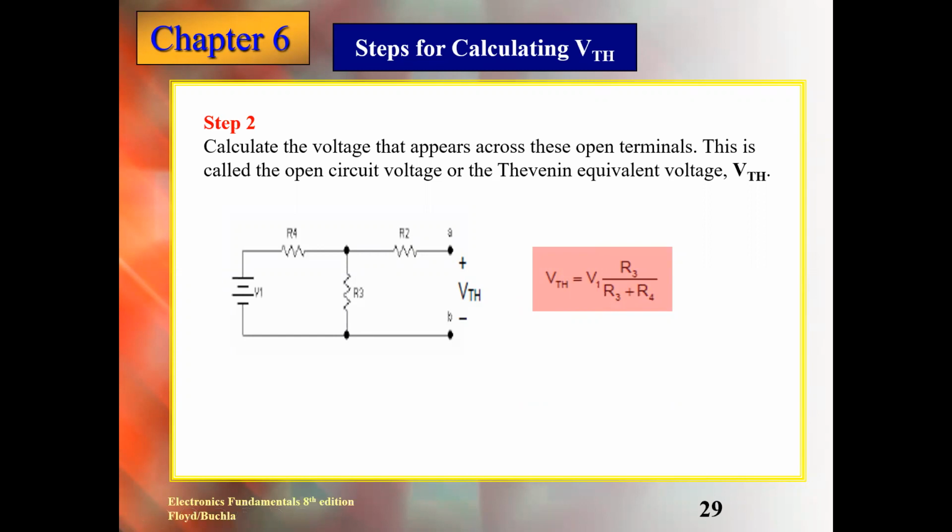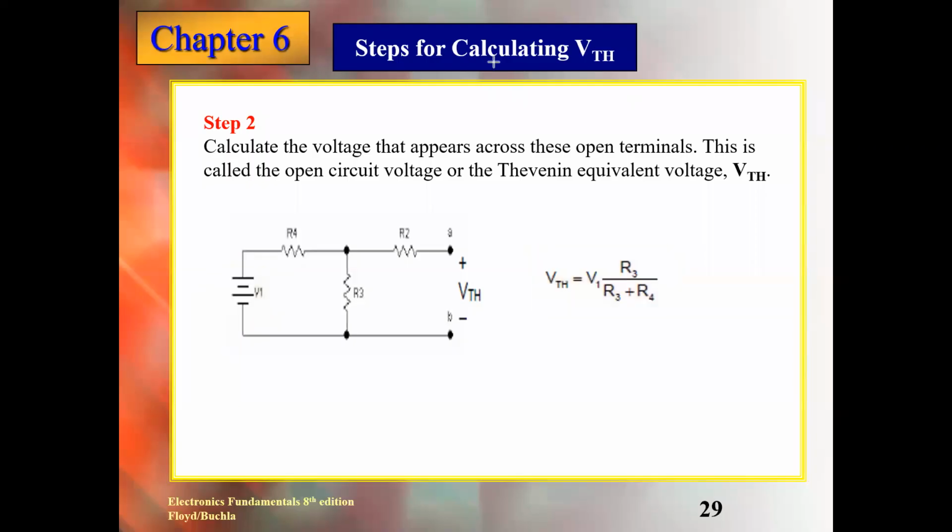Third step. What is the third step, guys? Do you remember? Short circuit the voltage source. Remove the voltage source and replace it with a wire there. Just connect a wire from here to here. Make it short. This is the meaning.